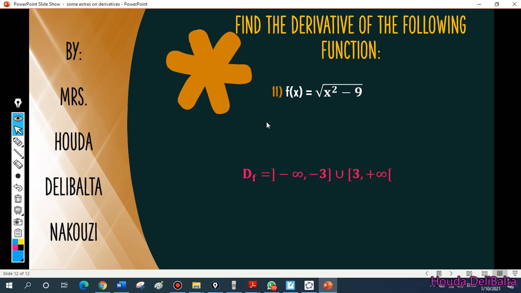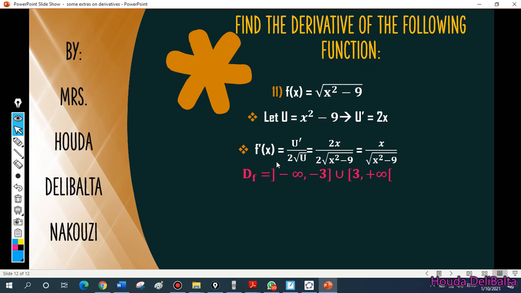Now how to find the derivative of f of x? Let u equal the value under the radical, which is x squared minus 9, then u prime is 2x. So applying the rule I mentioned, f prime of x is equal to u prime over 2 radical u, which is 2x over 2 radical x squared minus 9. Cancelling 2 by 2, we get x over radical x squared minus 9.